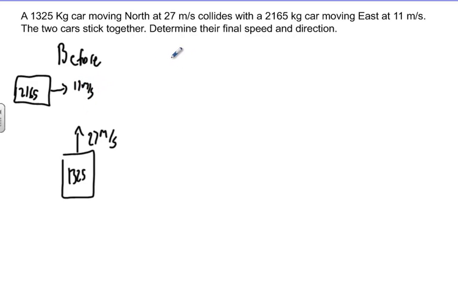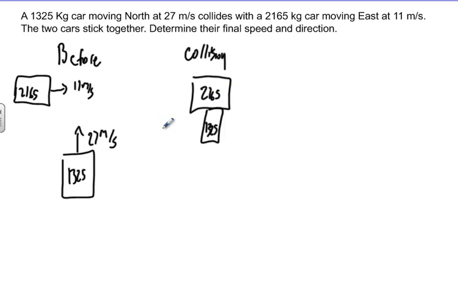Then we have the collision, and these two cars stick together. So I have 1325 and 2165, and since momentum is conserved, they're going to move off in some direction like that. And we're supposed to figure out how fast and what direction they're going.